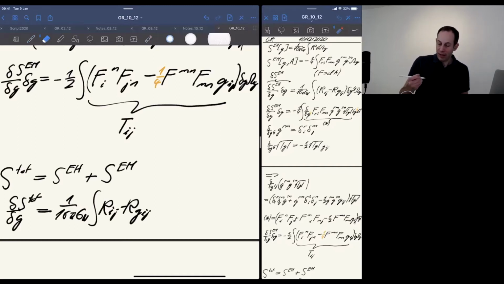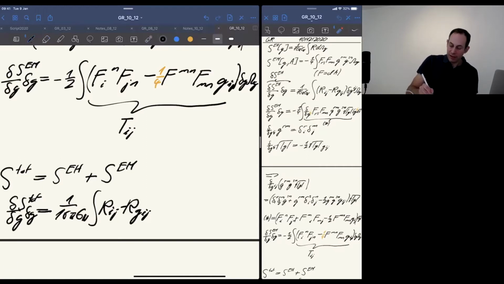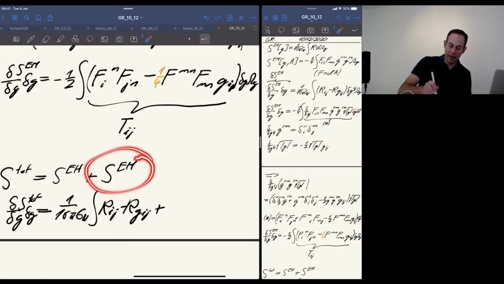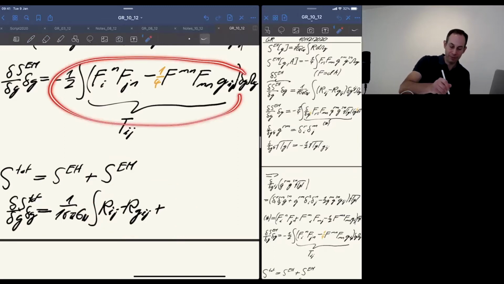And then the integral has the volume form and so on. There's still a delta G that I may need to put here. But then by linearity, I can also take the second integral into the same integral that I'm writing here.